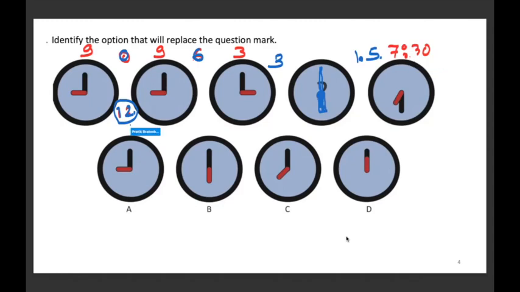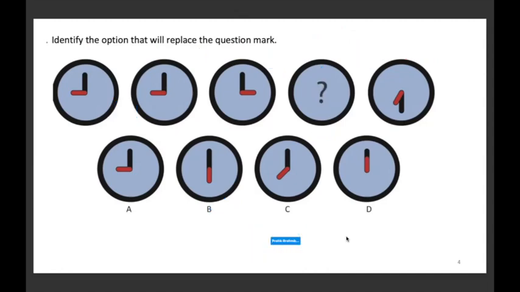So 12 hours, 6 hours difference, 3 hours difference, and 1.5, which means the difference is gradually becoming half. That is the correct logic. The time that will be shown here will hence be 6 o'clock. So option B is the right option here. We'll move to the next one.